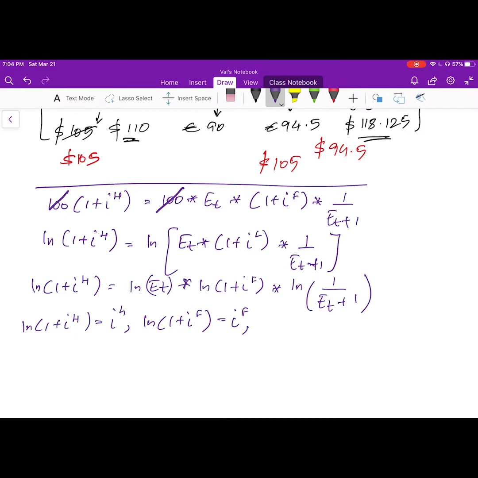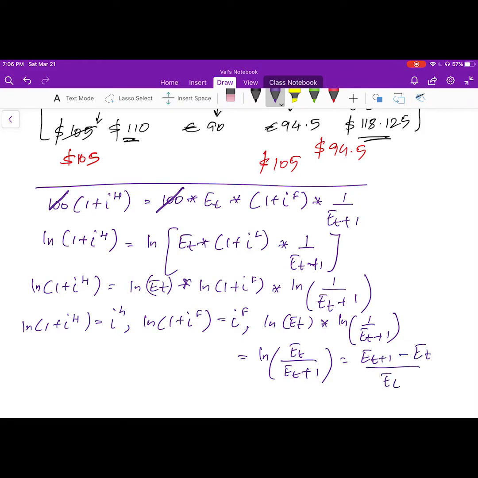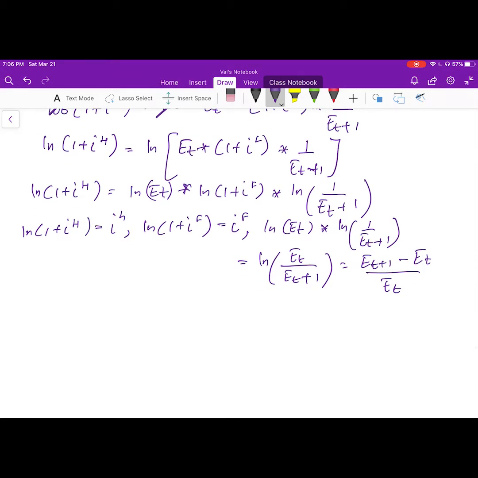What we also know is ln of e_t multiplied by ln of 1 over e_t plus 1 is the same as ln of e_t over ln of e_t plus 1, which in turn is the same as e_t plus 1 minus e_t divided by e_t. Okay, so let's bring all of this back home.